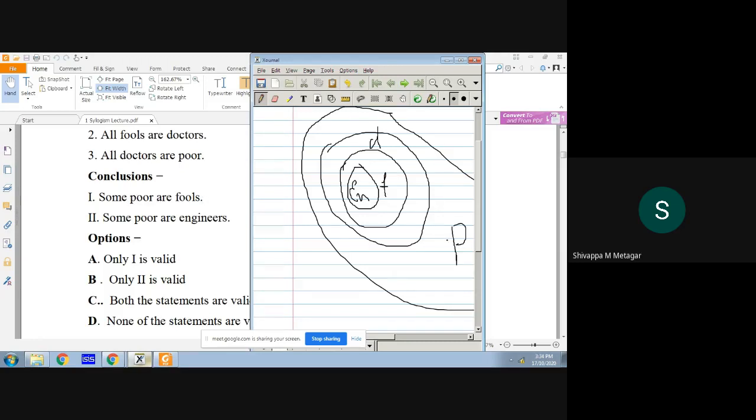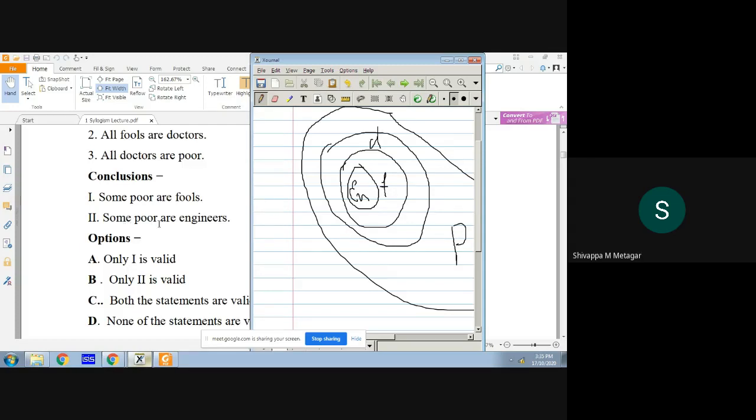This is the poor part, the circle. Exactly right, because all fools are poor, but going in the reverse direction, some poor are fools, it is not entirely inside the fools. It means poor is not wholly inside the fools. So some poor are fools. The first one is the right answer.